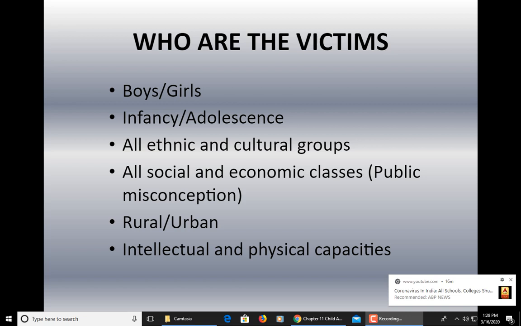Physical capacities, the same type of limitations, are about defending themselves and making you more likely to be a victim if you can't fight off your attacker or resist. But these are all different aspects of who are the more likely victims.